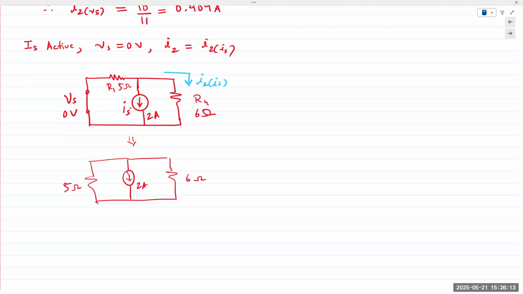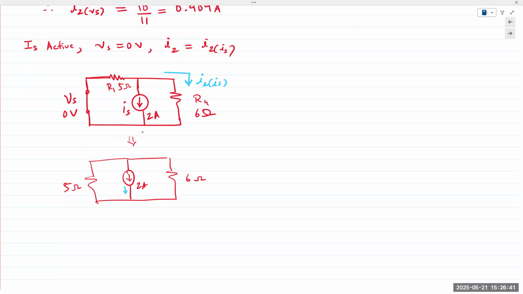The 5 ohm resistor is now in parallel with the current source because this end is now connected to this bottom end right there. Does everybody see that? Okay. So that renders all three components in parallel. If everything's in parallel, what happens to that current?